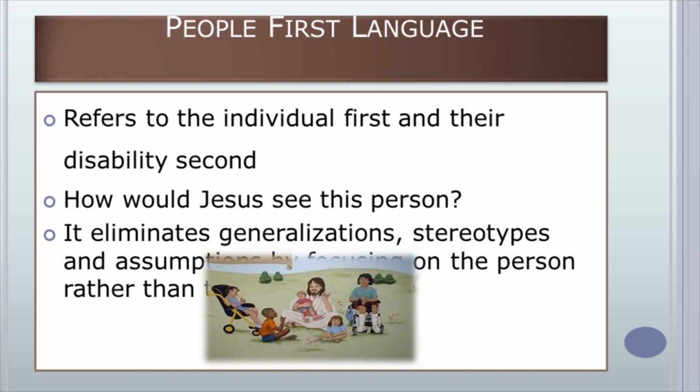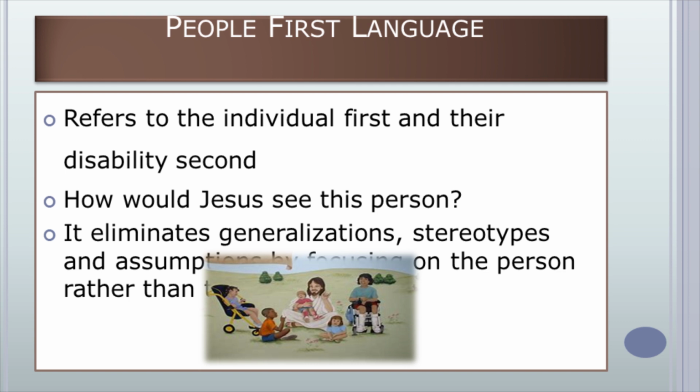They're a person like you and I, and they have likes and dislikes, and maybe one likes soccer and one likes to eat pizza, and someone else likes hot dogs, and they have all of these different things about them. The disability isn't only what defines them.